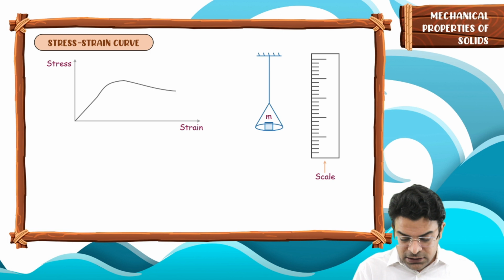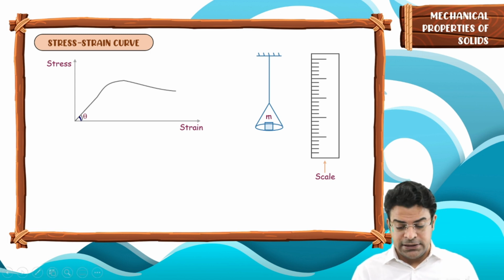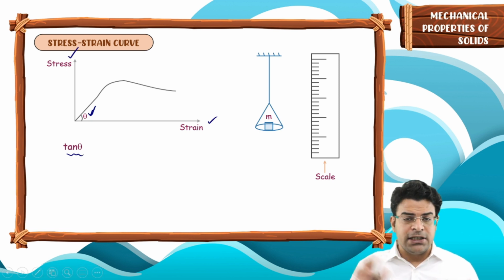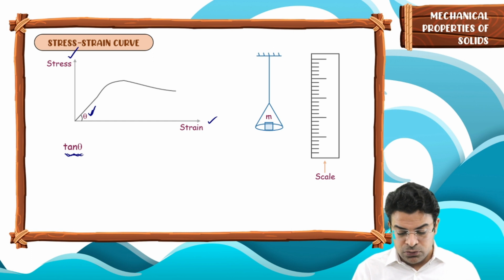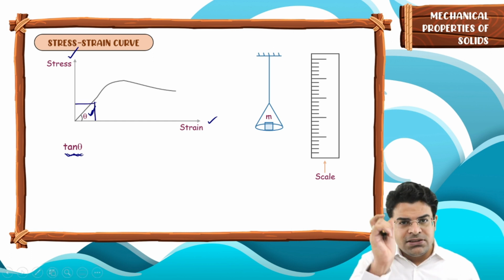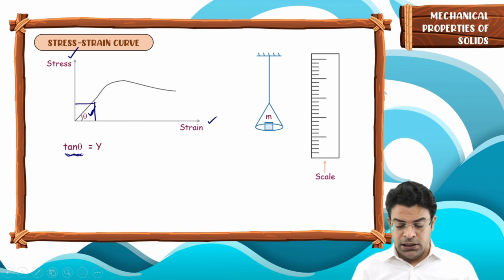Now let's say the initial part, the straight line, makes an angle theta with the strain axis. What will be this angle theta? So you will say tan theta will be equal to stress upon strain, the y-axis upon x-axis. Stress upon strain represents the Young's modulus.